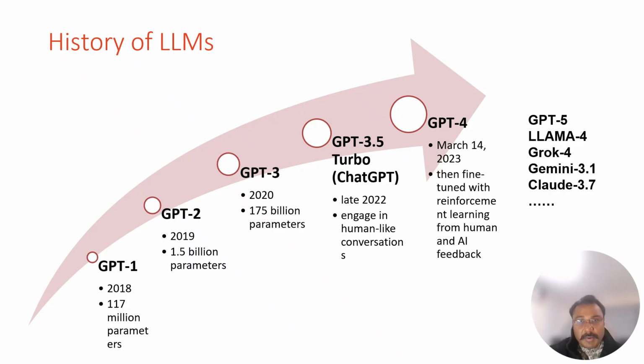GPT-3's performance has been exceptional, and it has been used in various applications such as natural language processing, text classification, and even chatbots. GPT-4, which was introduced in 2023, is a multimodal large language model created by OpenAI, and the fourth in its GPT series.